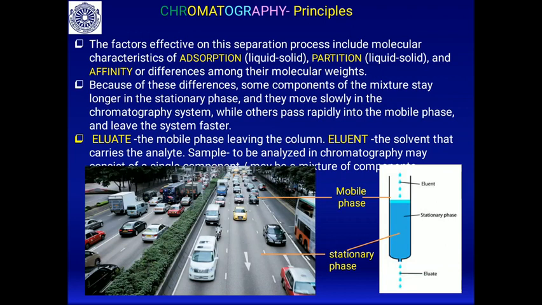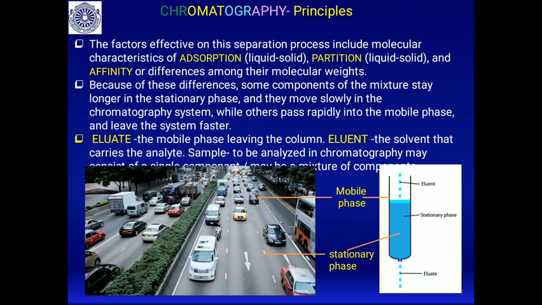The factors affecting this separation process include molecular characteristics or adsorption, partition properties between liquid and solid, and the affinity of these molecules, differences in their molecular weight and their charges. All these are the factors affecting separation in the chromatographic technique.